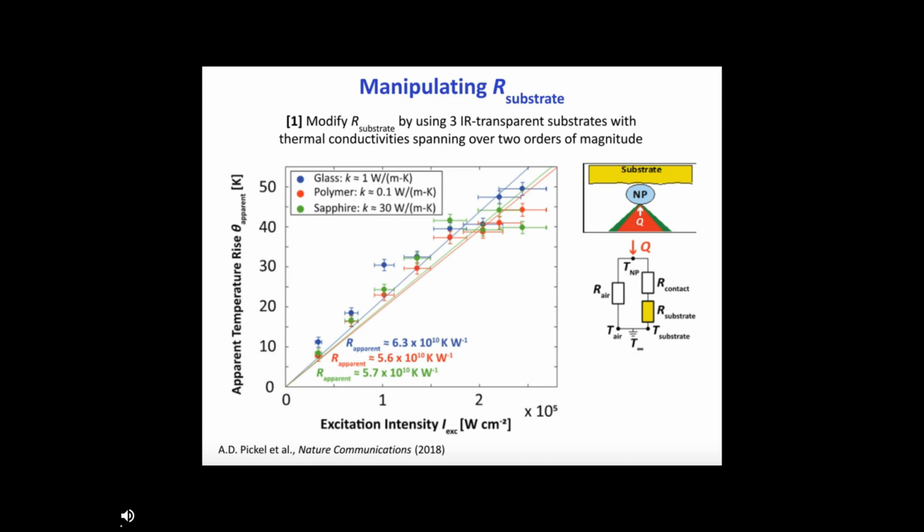That told us that the substrate thermal resistance did not seem to affect the heat dissipation. Now, if you recall, we actually thought that we should expect a lot of heat to be dissipated through the substrate side. And so next we decided to try varying the contact resistance to see if a large thermal contact resistance between the nanoparticle and the substrate could be limiting the heat dissipation.